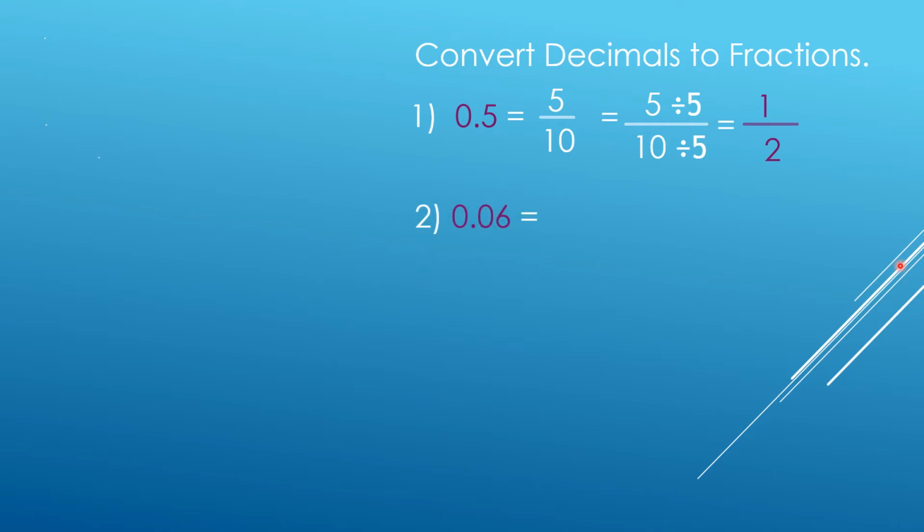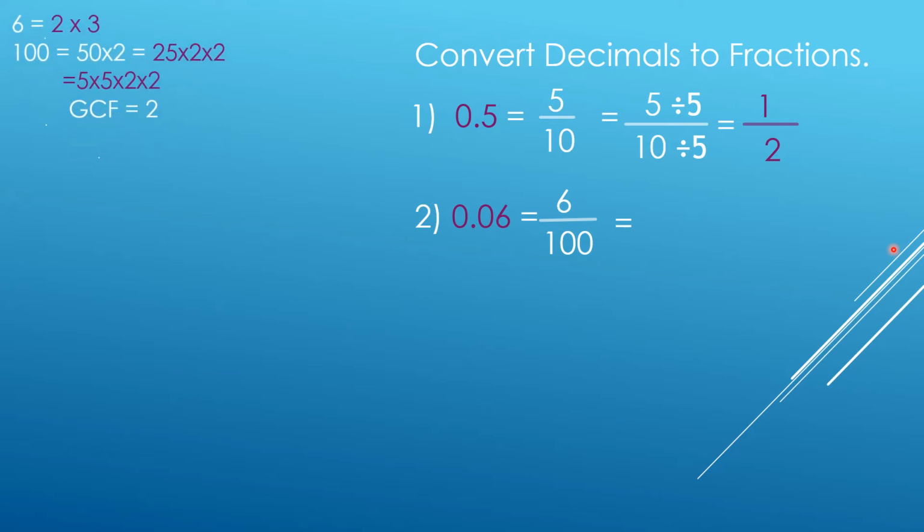Let's have another example. We have here 6 hundredths, or 0.06. This is the tenths place, this is the hundredths place, which means the denominator now is 100. Then just write 6, disregarding the zeros on the left side, and we have 6 over 100. You can reduce this to lowest term, let's say by 2. If you have a hard time thinking of a number that you can divide to both of them, you have a reference here.